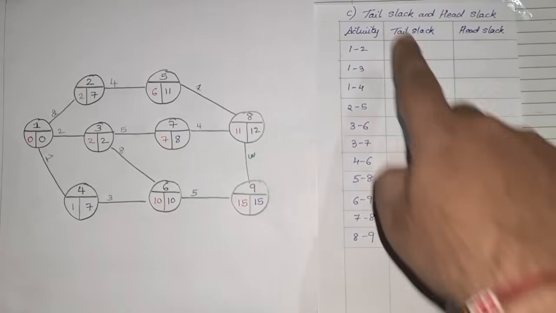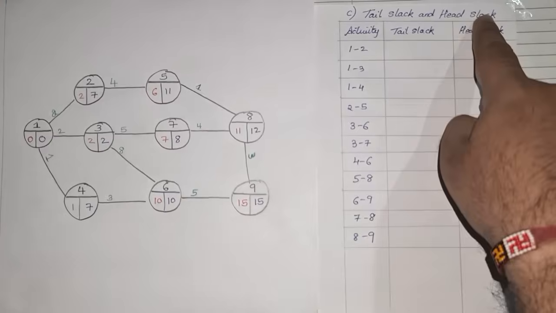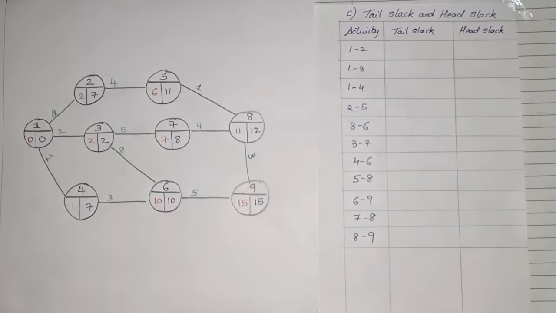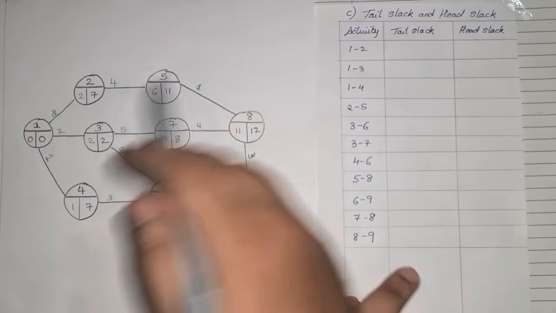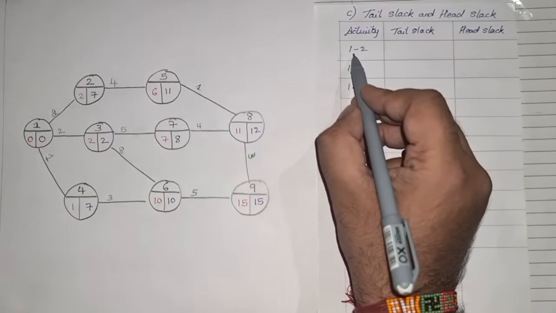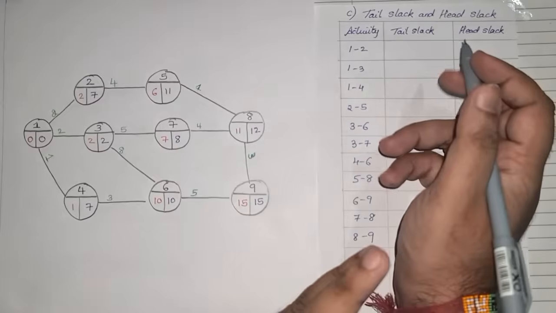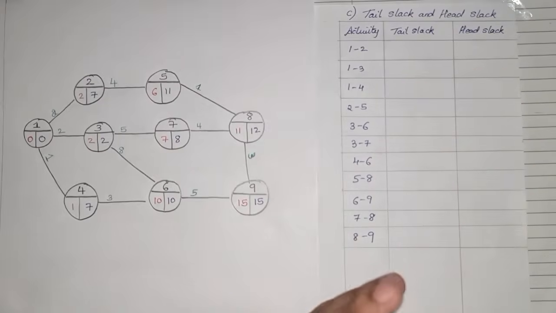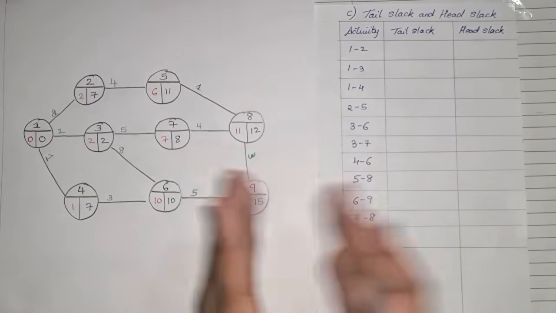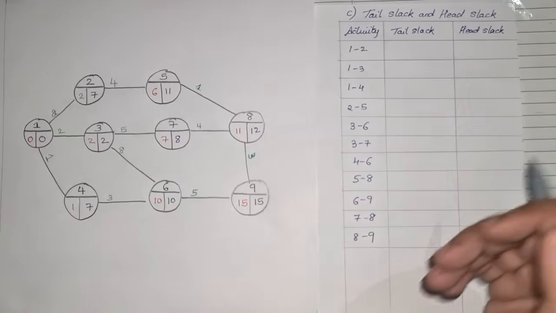Now, in order to find the tail slack or head slack, see what we have to do here. It is very simple, but just remember the order in which we go through it. Tail means, we have an activity, and the backward position of that activity will be called the tail, and the ahead one will be called the head.